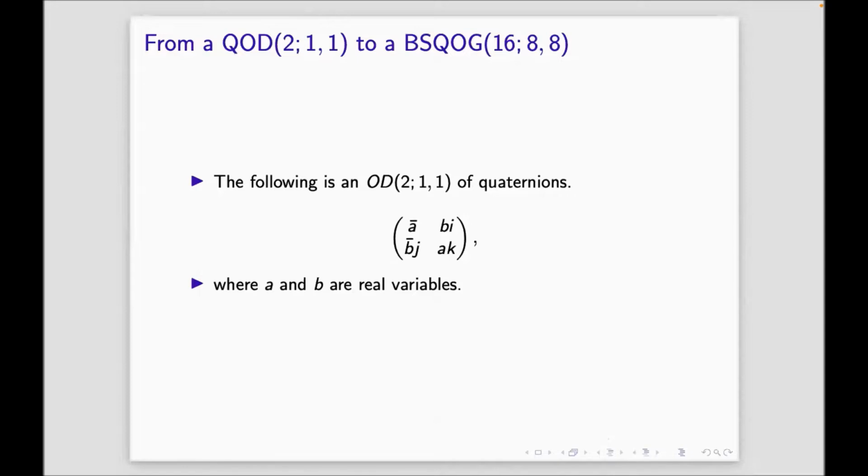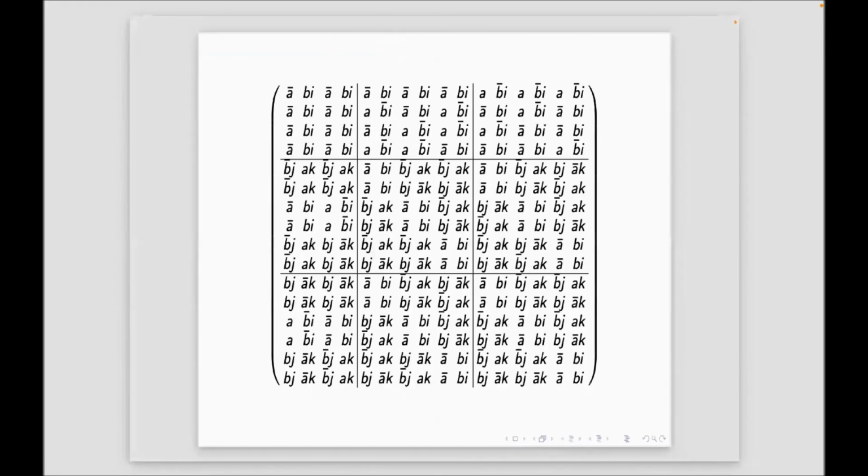Now I'm going to give you an example of quaternion OD 2, 1, 1. And you can see that from this one, order 2 in A, B, and the elements of quaternions, and A, B must be real variables. And then we have one of order 16 in quaternion elements.